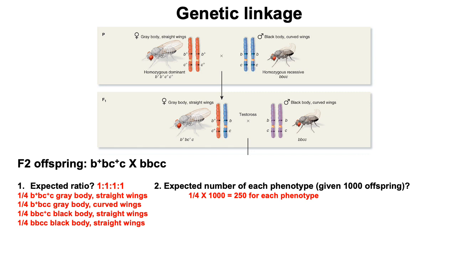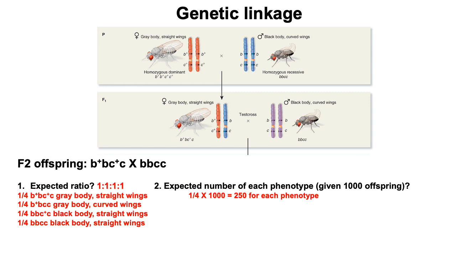So if the gene for body color and the gene for wing shape, B and C in this case, are on different chromosomes and they assort independently, if I set up this test cross and had 1,000 offspring, I should see about 250 flies in each of these phenotypic classes. This is what I would expect if there was independent assortment and these two genes were on different chromosomes.